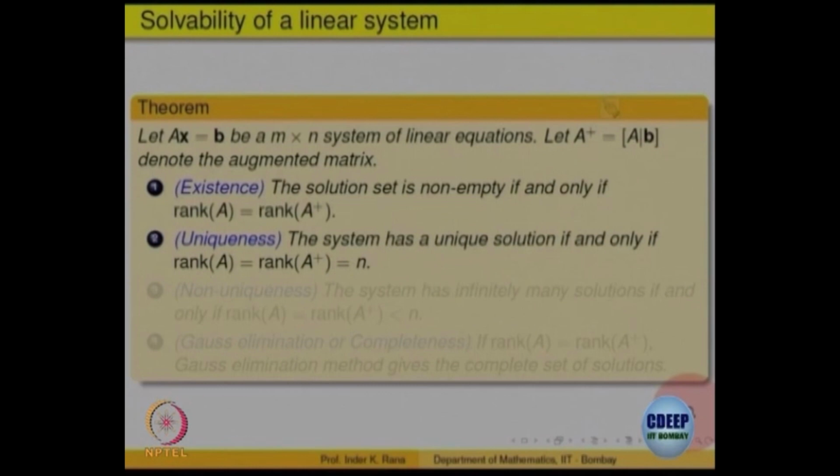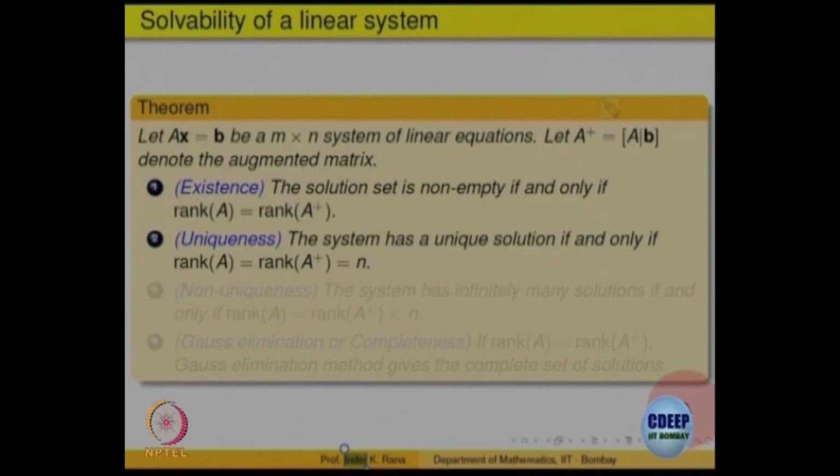The two ranks are the same, that means it should not happen that there is no pivot in a row in A, but there is a pivot in the augmented matrix, right. So, that will give you an inconsistent equation, 0 equal to a non-zero thing. So, existence is if and only if the rank of A is the same as the rank of the augmented matrix, that means the number of non-zero rows in A and in the augmented matrix should be the same, once you have them in the row echelon form.